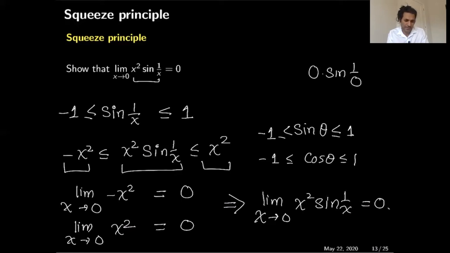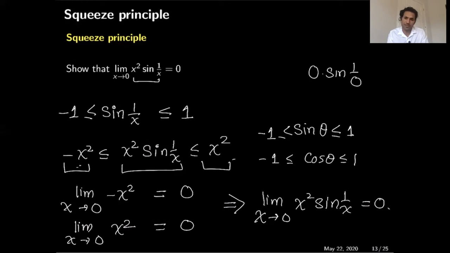Notice that these limits must converge to the same number. If they don't converge to the same number, it means the functions you chose cannot be used, and you cannot apply the squeeze principle.